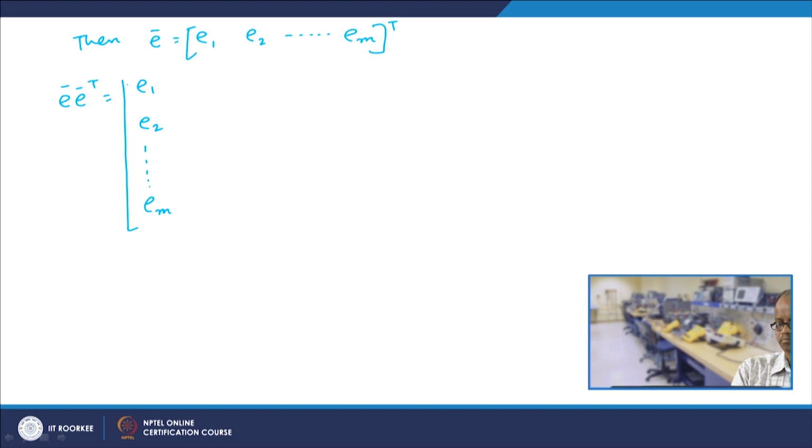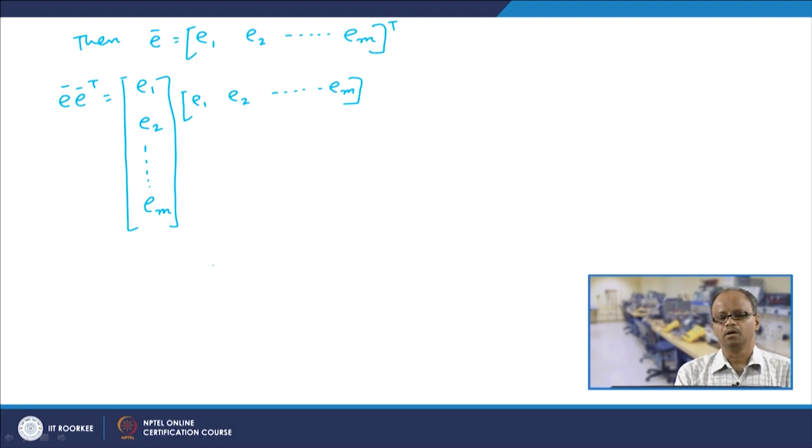Then the vector E would be E1, E2, up to EM transpose. Therefore, E transpose would be E1, E2, up to EM.